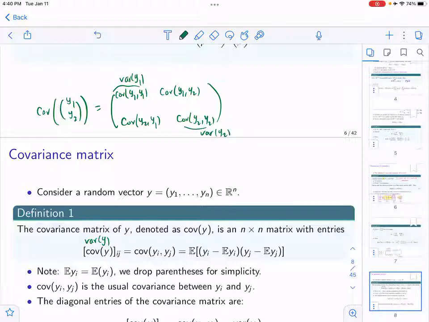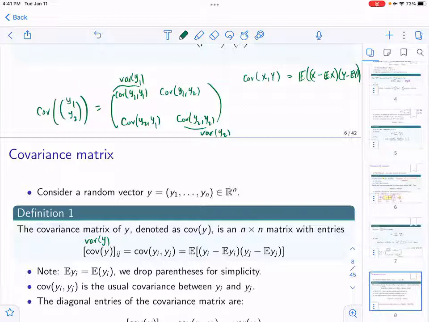And the covariance, hopefully you remember, of two random variables is something similar to the variance, but you look at the deviations of x and multiply it by the deviation of y. If you do it for the same variable, you get the variance. But this is for two random variables.